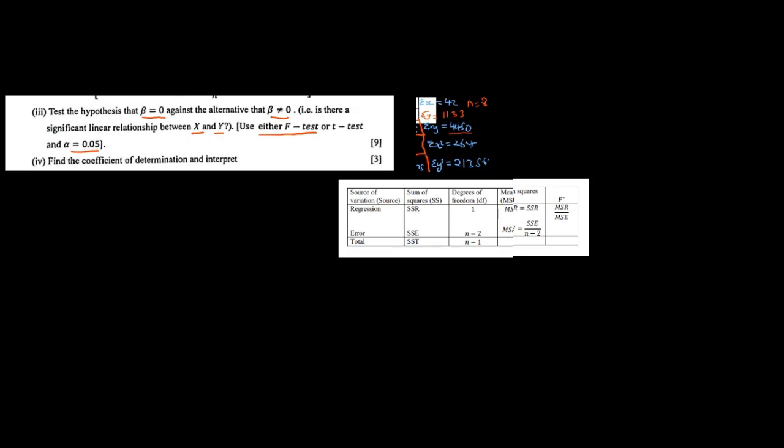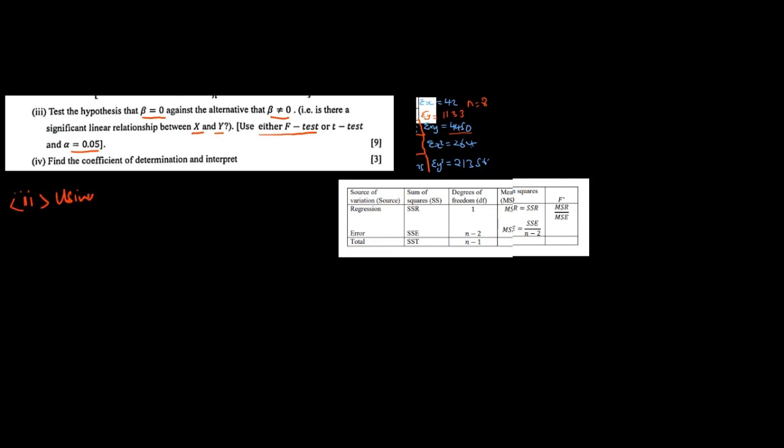For us to use the f test, we are going to come up with the hypothesis first of all, the null hypothesis. What will be our null hypothesis, or we can say the testing problem. So we are answering question 3, using the f test.